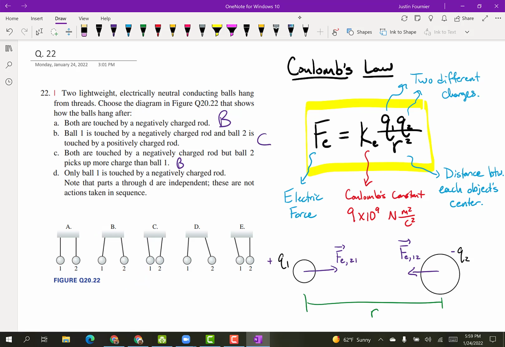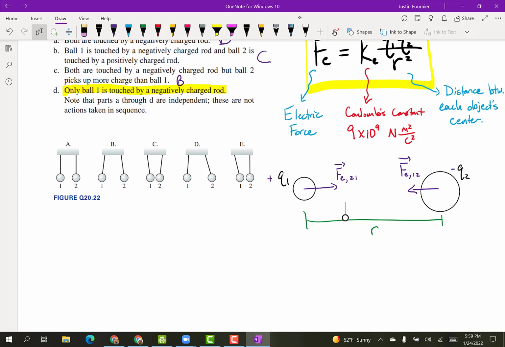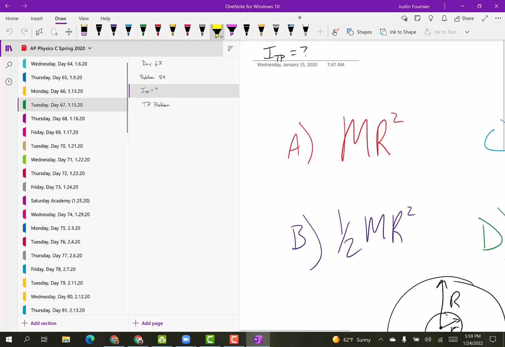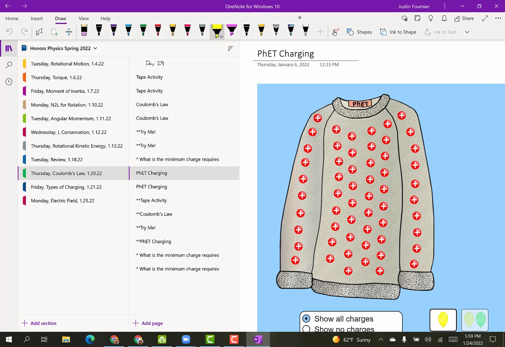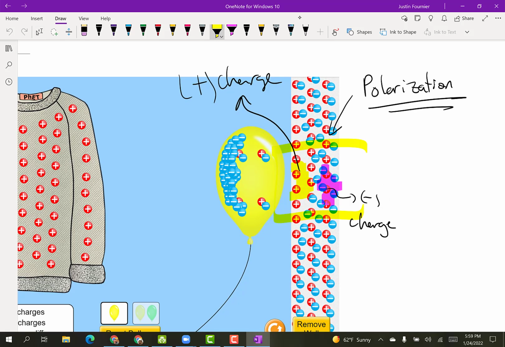And lastly, it says only one ball is touched by a negatively charged rod. Note that parts A through D are independent. These are not actions taken in a sequence. So only ball 1 is touched by a negatively charged rod. This is similar to what we did in the charging section, when we brought the negatively charged balloon towards the neutral wall and induced a charge.